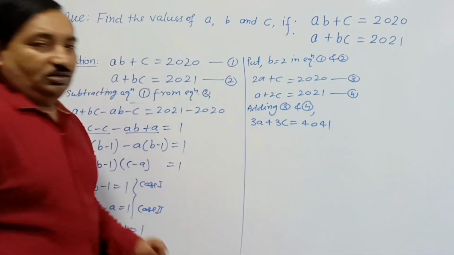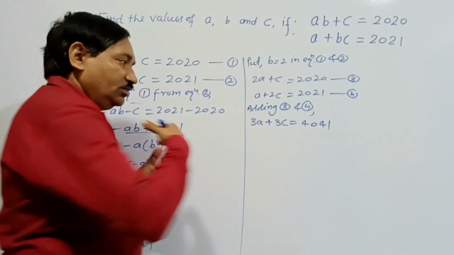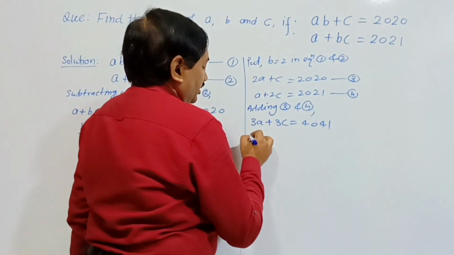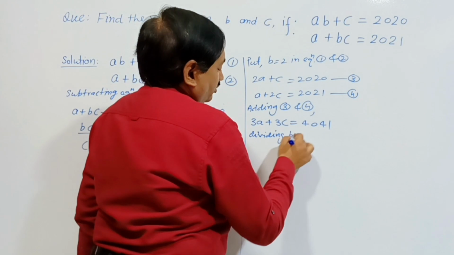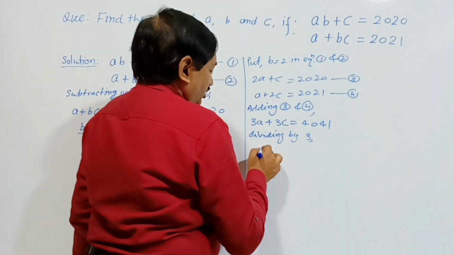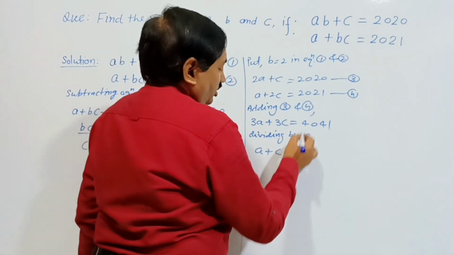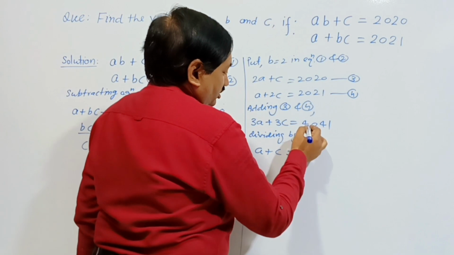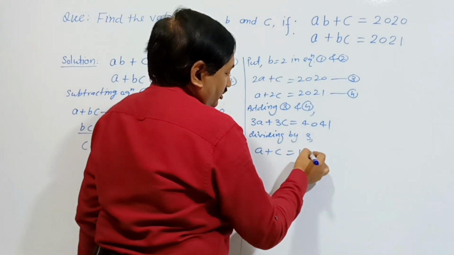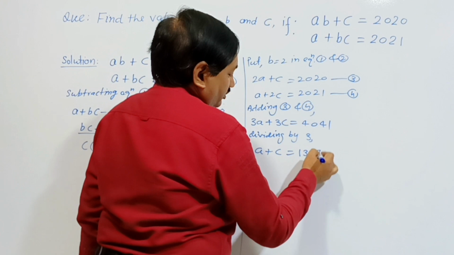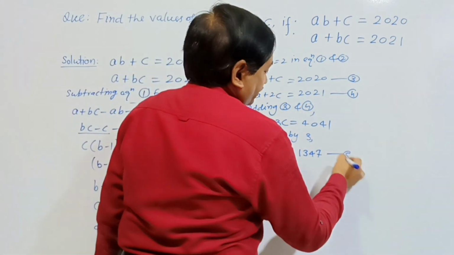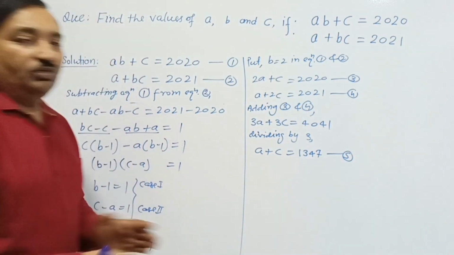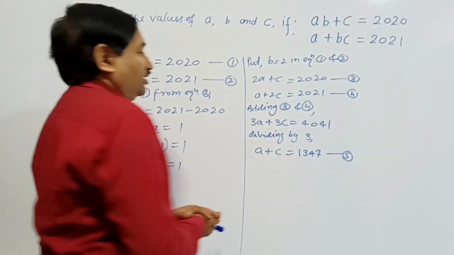What is common here? 3. So dividing by 3, we get A plus C equal to 1347. Let it be equation number 5.